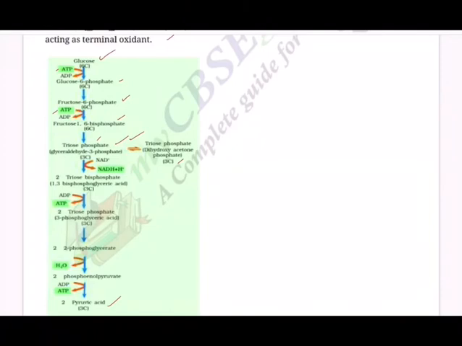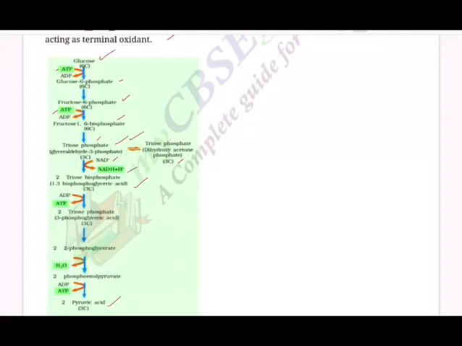And now this glyceraldehyde 3-phosphate is becoming 1,3-biphosphoglyceric acid or triose biphosphate. Again here the reverse of it. Here NAD plus is becoming NADH plus H plus.